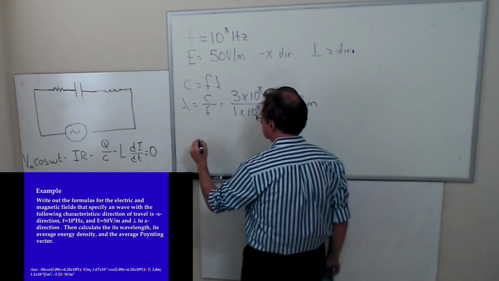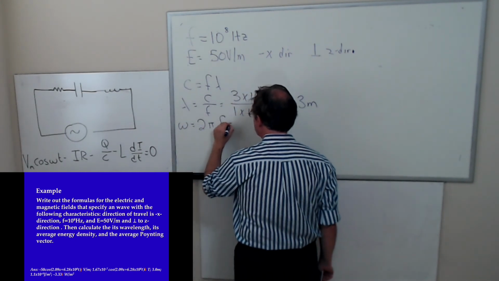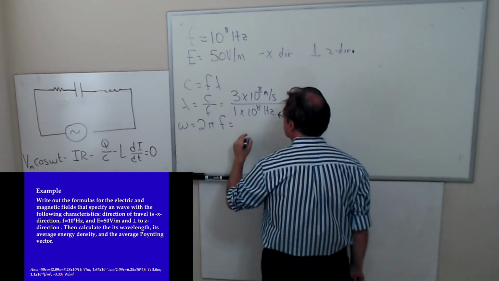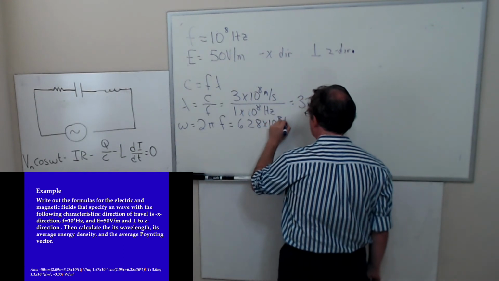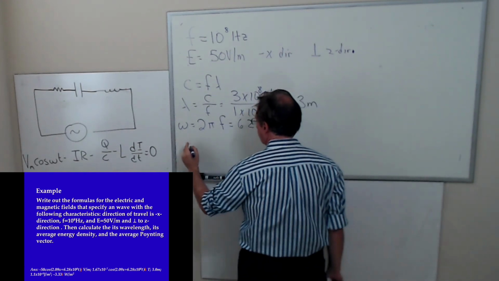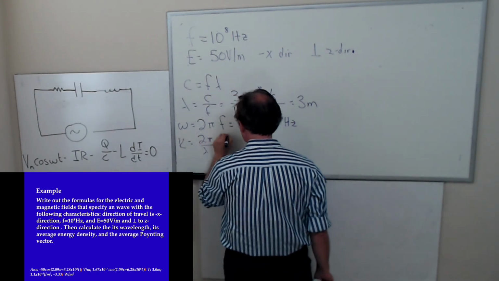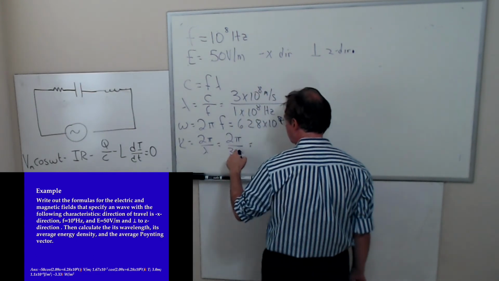Omega is 2 pi times the frequency, so it's going to be 2 pi times 10 to the 8th. k is 2 pi over lambda, 6.28 over 3.